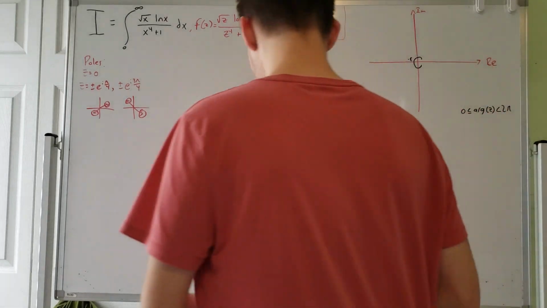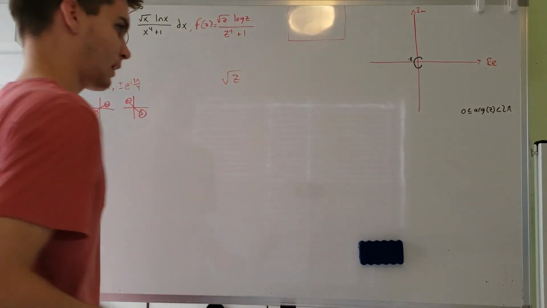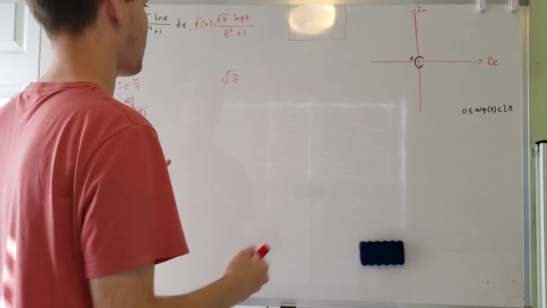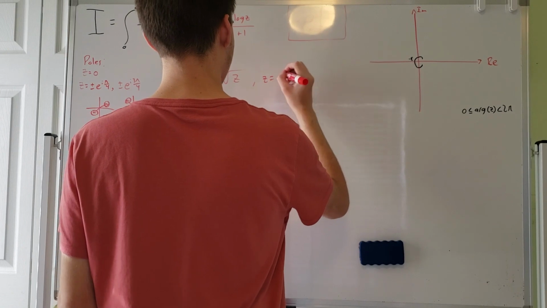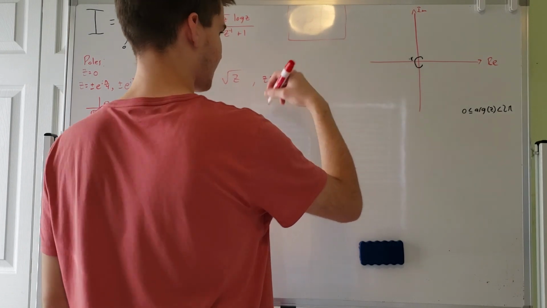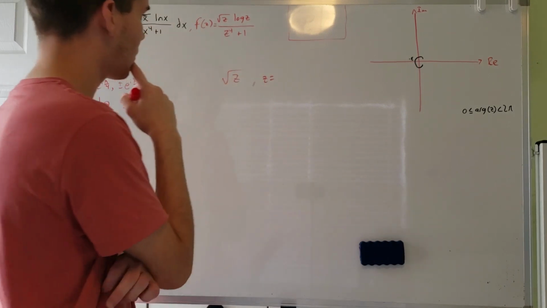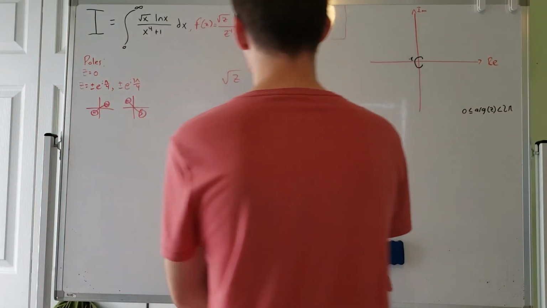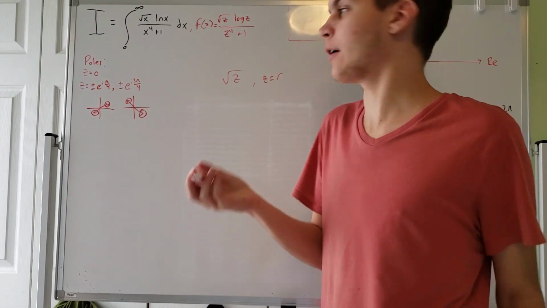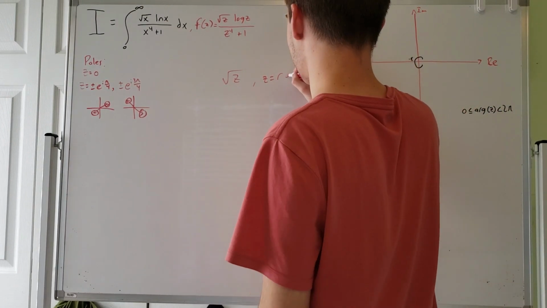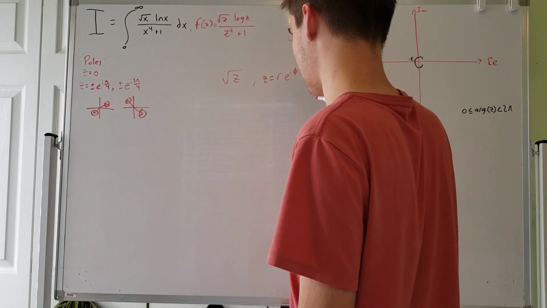But anyway, so now, square root of z. This is a problem because any complex number, z, can be written as its modulus, so let's say a length r, times e to the i phi, yeah?